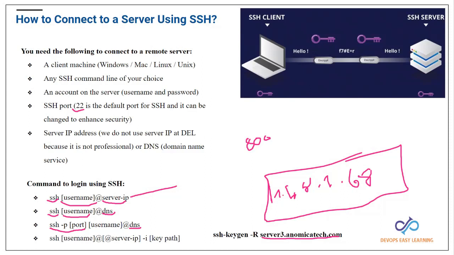Another way to connect is by using a private key, especially if you launch a server in the cloud, such as Azure or AWS. You can decide to use the private key to connect, or you can use the username and password, but companies would like you to use a private key, because this is very, very secure.